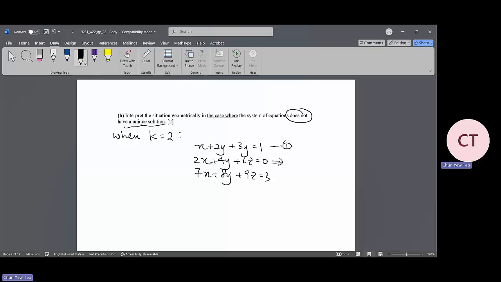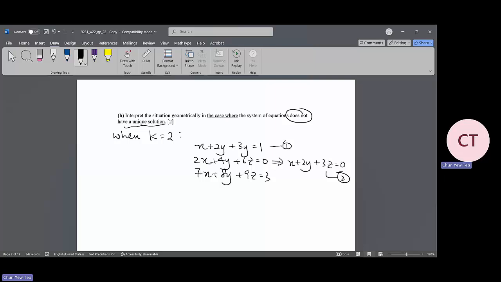And this one, I divide everything by 2, then I call this equation 2. The third equation is not so relevant to us.